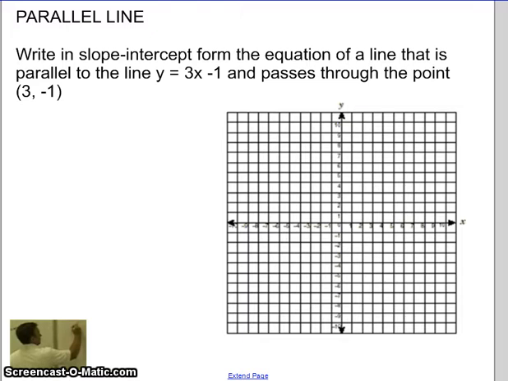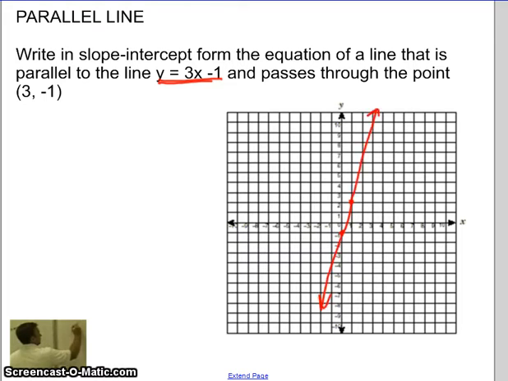Parallel line, right? In slope-intercept form, write the equation of the line that is parallel to the line y equals 3x minus 1 and passes through the point 3, negative 1. This line right here is parallel to the line we have to write the equation for. I'm just going to draw a quick sketch of it.